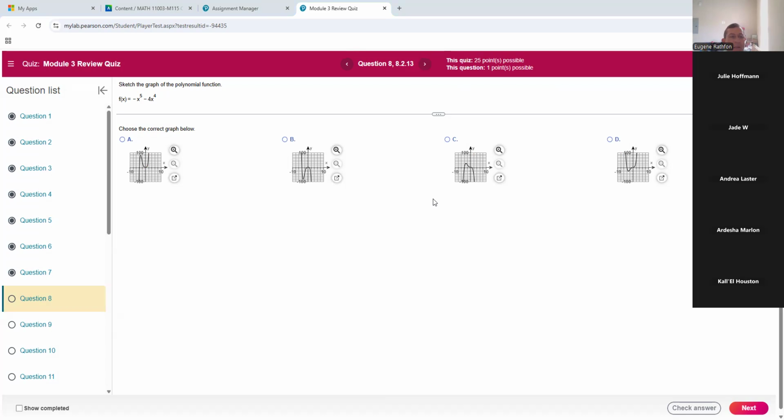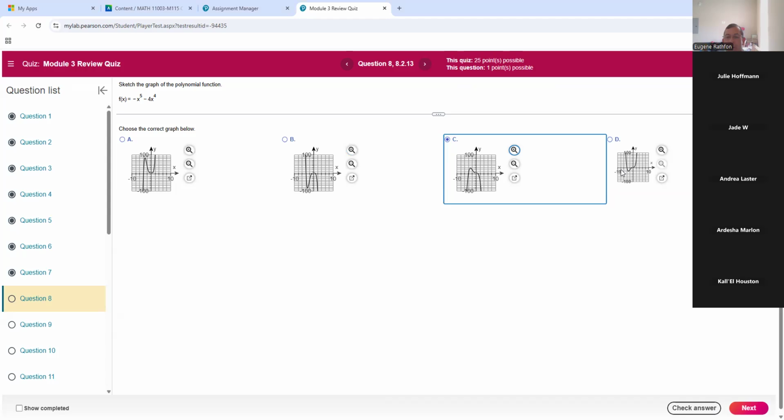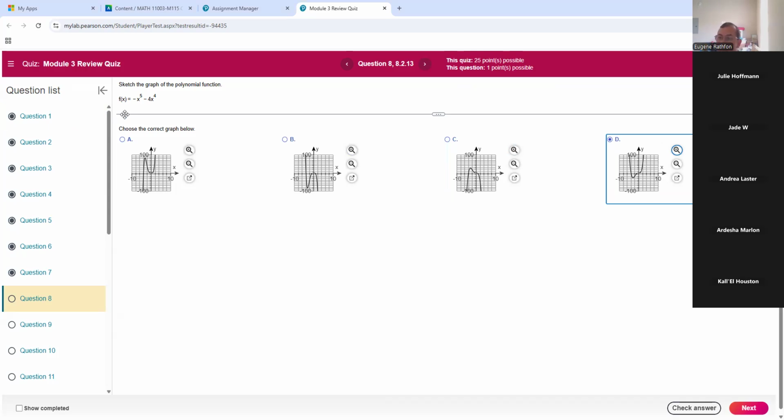And y'all, this is basically the same thing. They're just giving you more of a graph look about it. But A is going uphill left and right. B is going downhill. C, both sides are going down. And D, both sides are going up. So let me make them all a little bigger here. So the leading term is that negative x to the fifth.